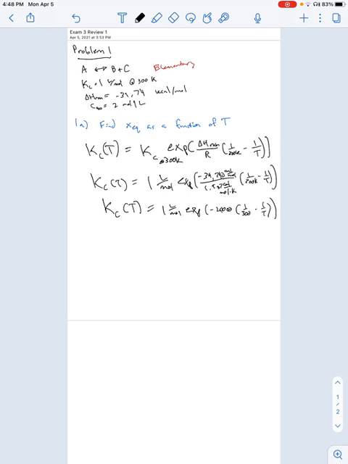So the next step is we need to find the equilibrium concentrations in the rate equation. So the disappearance of A, since this is an elementary reaction, says r equals k times Ca minus Cb Cc over Kc.